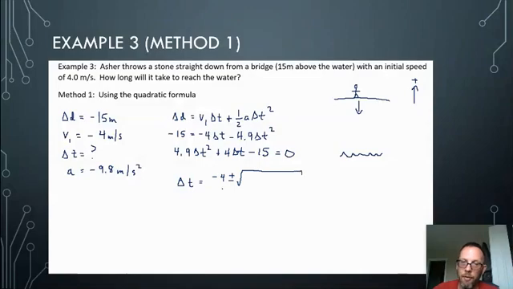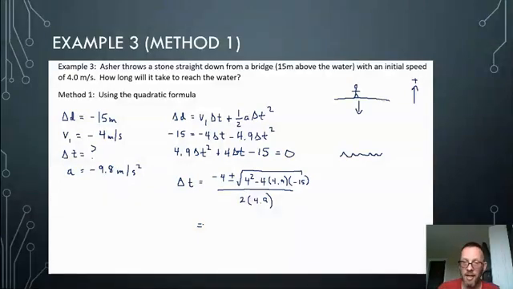Inside that root, we have the discriminant, b squared, 4 squared, minus 4 times a times c. A is 4.9. C is negative 15. Don't forget that. Keep the sign as well. All over 2 times a, 2 times 4.9. So this is going to spit out 2 times for us. So let's see if both are meaningful or if only one is, and which one is and which one's not.